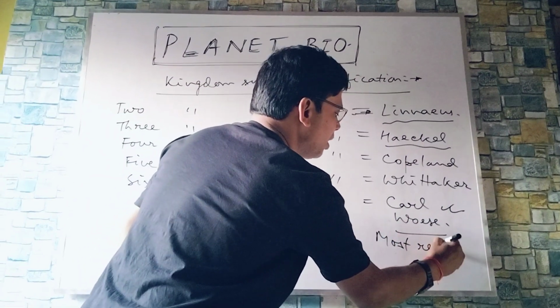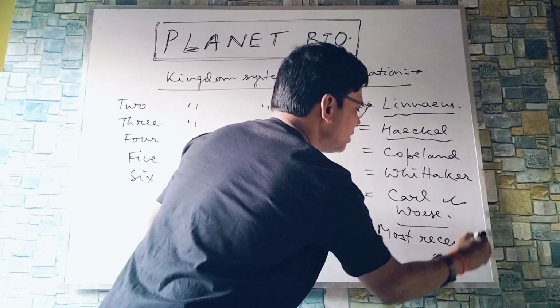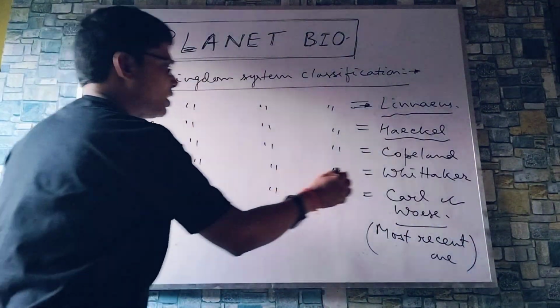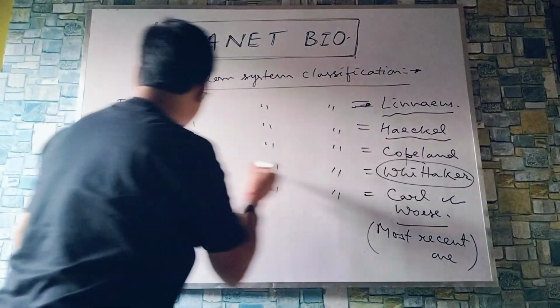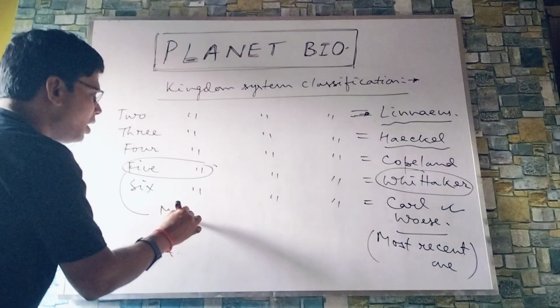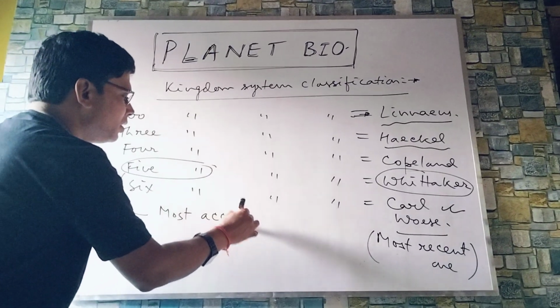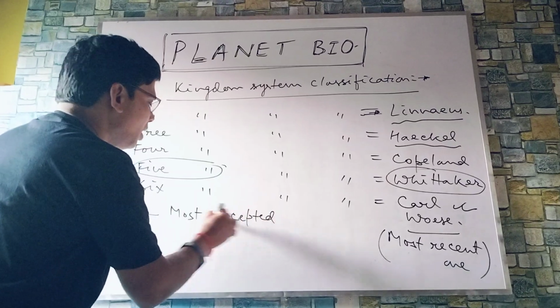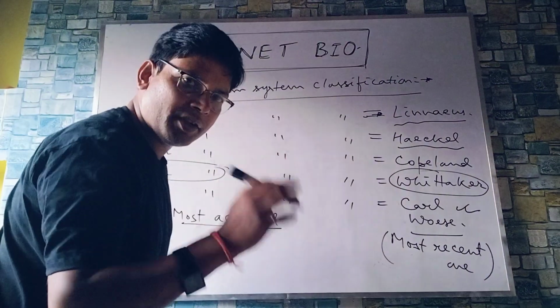But not the most accepted. The most accepted one is Whittaker's five kingdom system. The five kingdom system is the most accepted one throughout the world, and it includes five kingdoms.